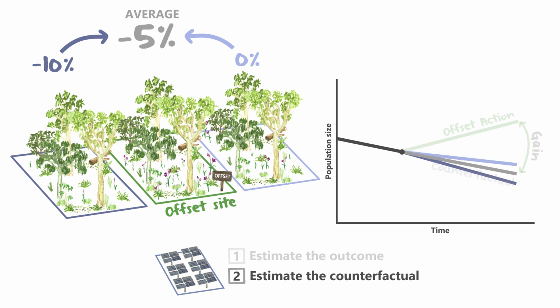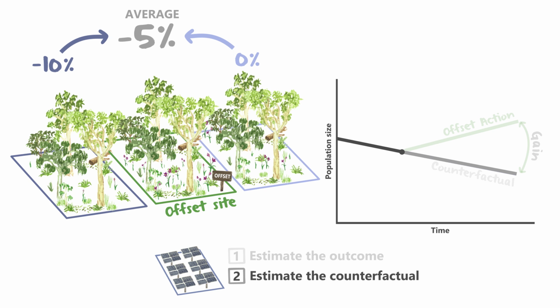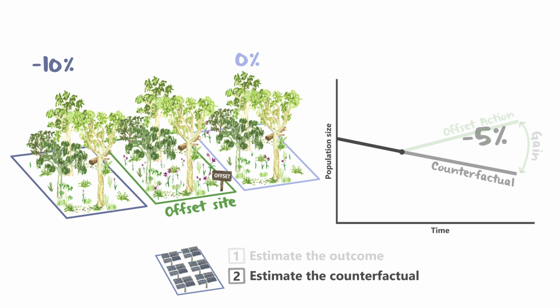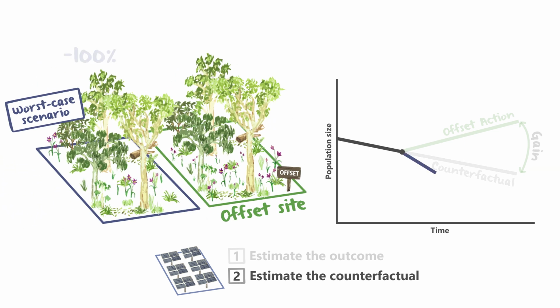Using average outcomes at a range of similar sites in the recent past is a good way to think about this problem because it's important that the counterfactual scenario reflects the most plausible outcome for plants at our site if we do not do the offset action. What about a worst-case scenario at the site in which all the plants could be lost if we do not do the offset action?